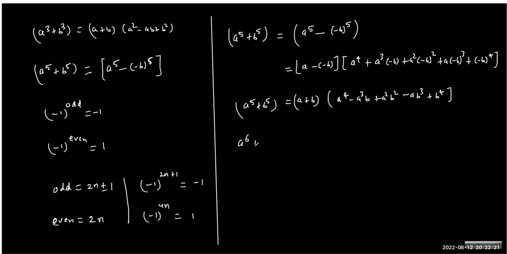I cannot write a formula for the even case, because even power I cannot convert into minus, so I cannot expand by the formula. So the plus is only possible with odd powers. For a power 7 plus b power 7, the first term will be a power 6, and the next term is odd power of b. So you can alternate the plus and minus. That's very easy: first plus, then minus, plus, minus, plus.